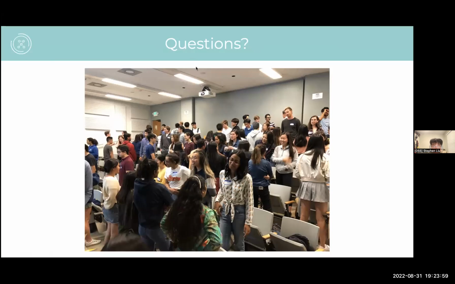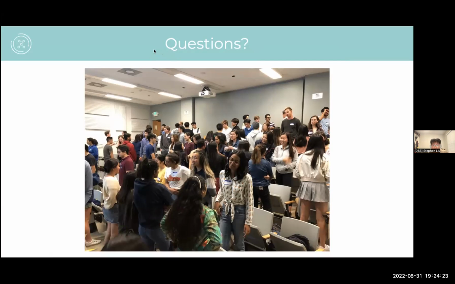So I see a question in the chat. As part of the DeCal, do we have access to retreat and things like that, or is that exclusive? So the retreat part, yes, it's more for the committee members and not for the DeCal. It's simply because of capacity, because if we include the people in the DeCal, it's going to be very costly.